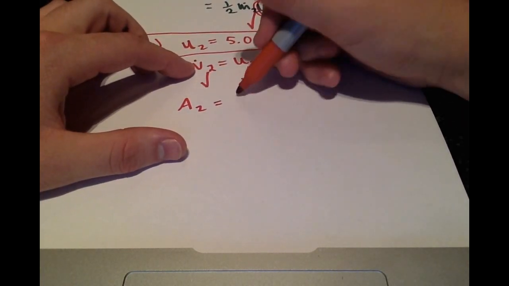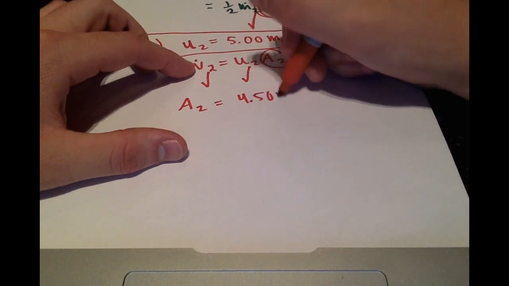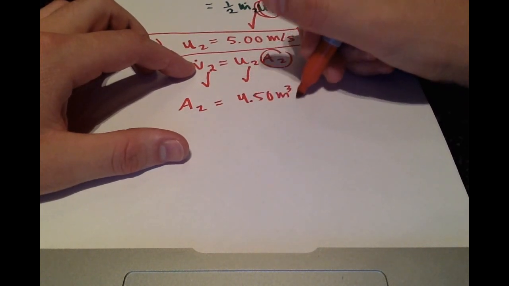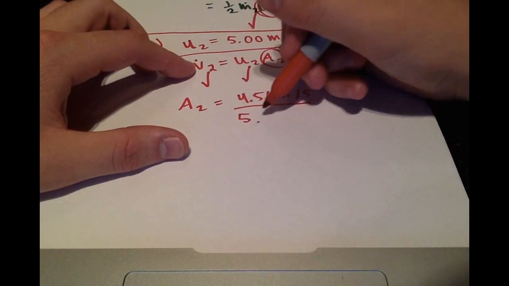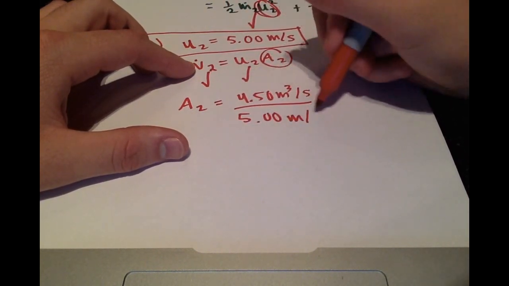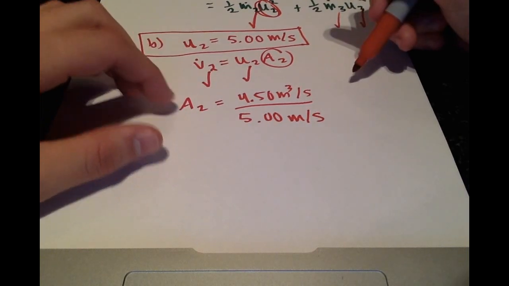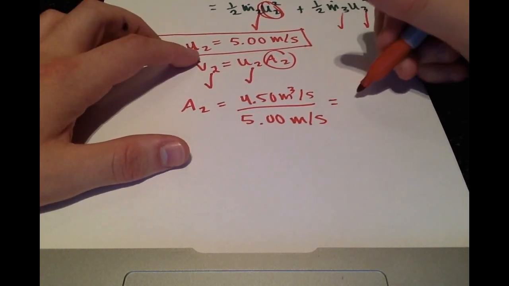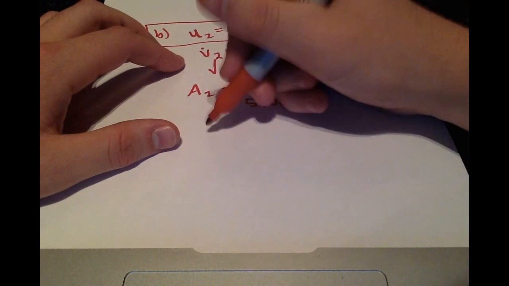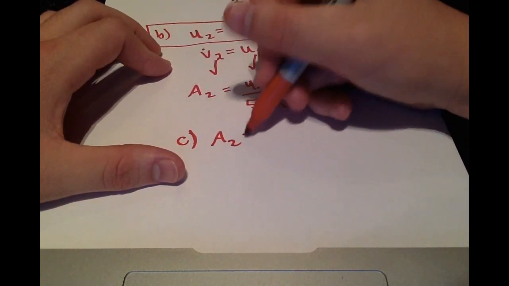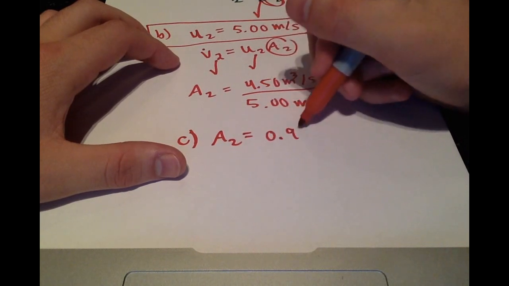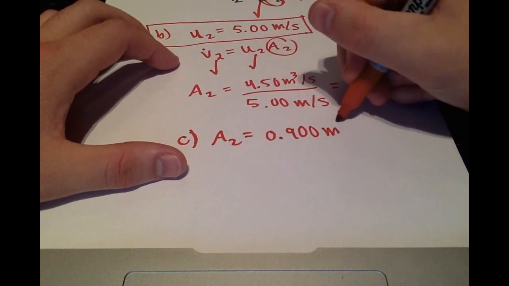And that's just going to be 4.5 meters cubed per second over 5 meters per second. And that gives us 0.9. So our final answer, part C, is that the cross-sectional area is 0.900 meters squared.